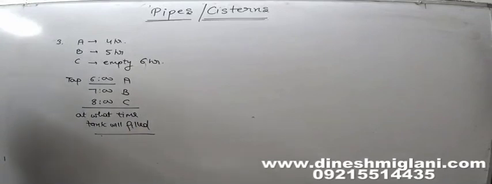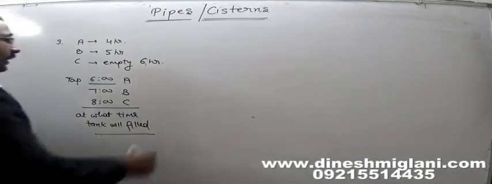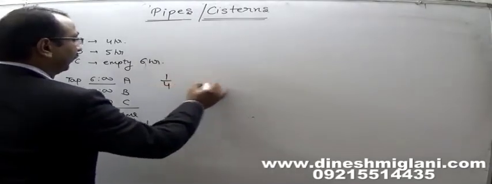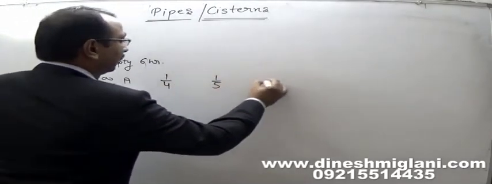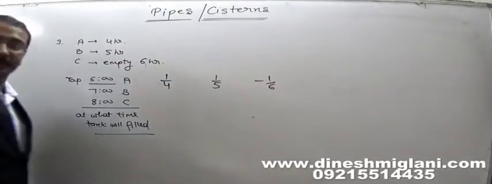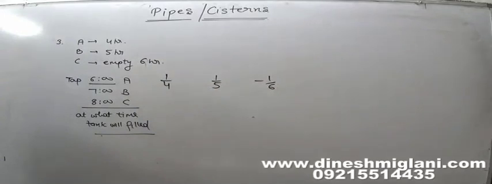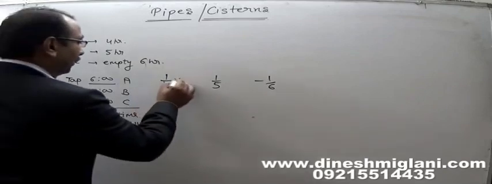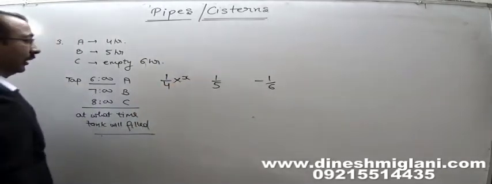Now what we can say, let us say that total capacity of the tank is 1. So A's 1 hour work is 1 by 4, B's 1 hour work is 1 by 5, C's 1 hour work is minus 1 by 6. Let us say that the total time taken by them to fill the tank is X hours. It means how much part A has filled? X by 4, right?